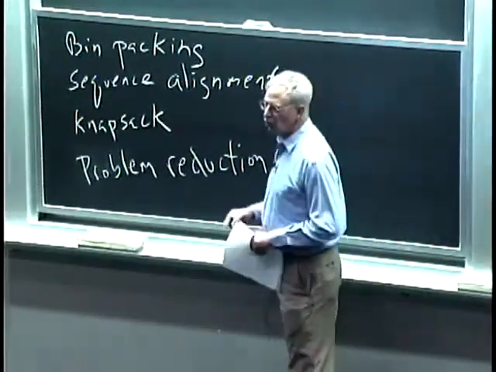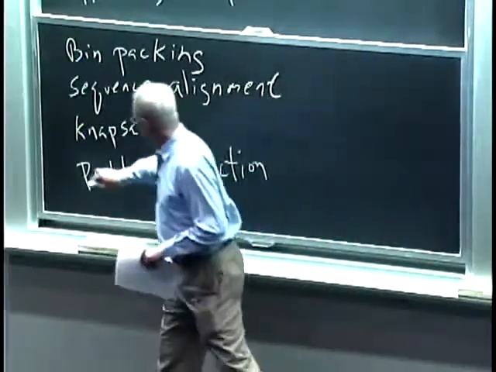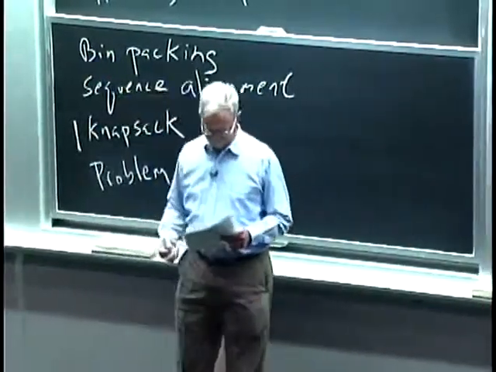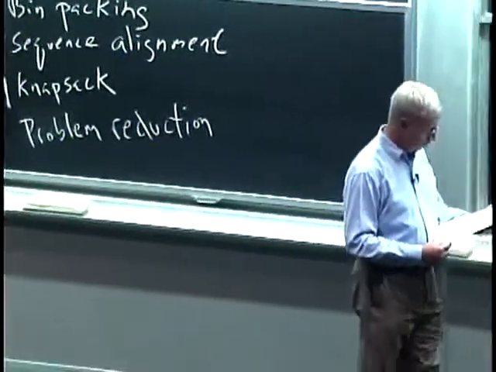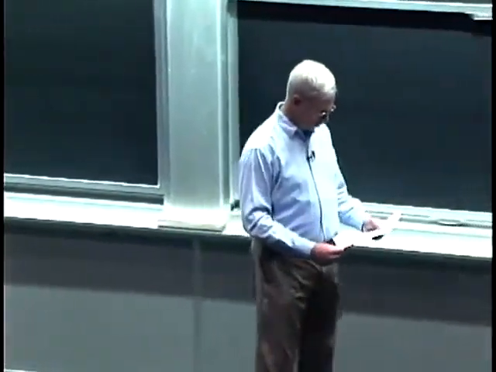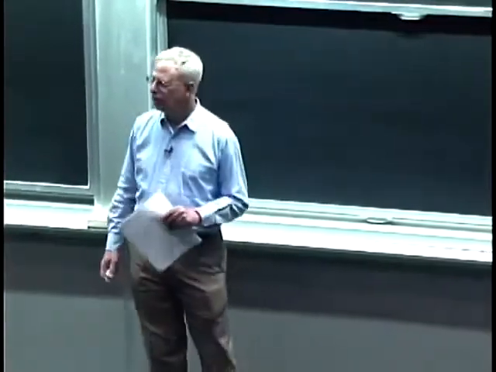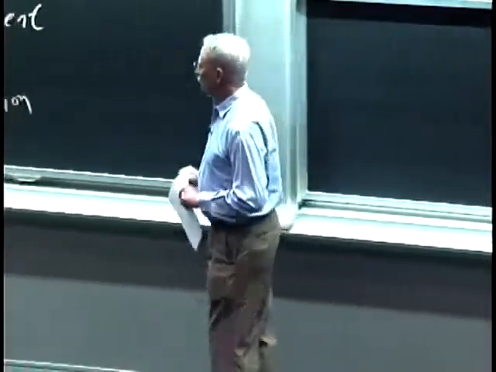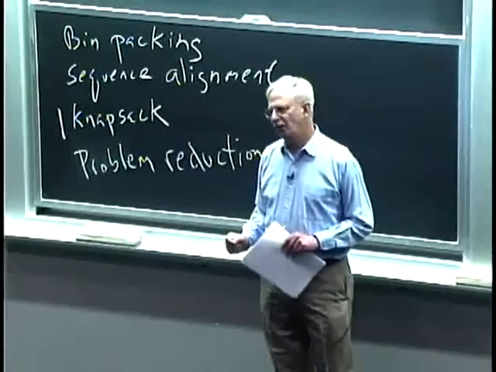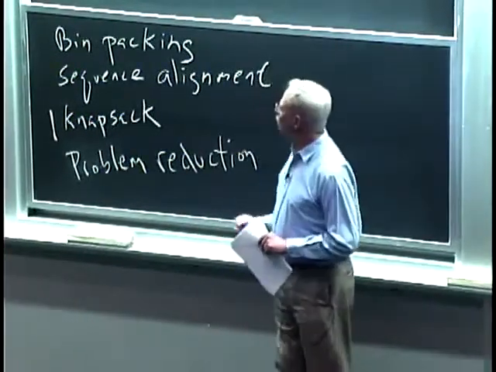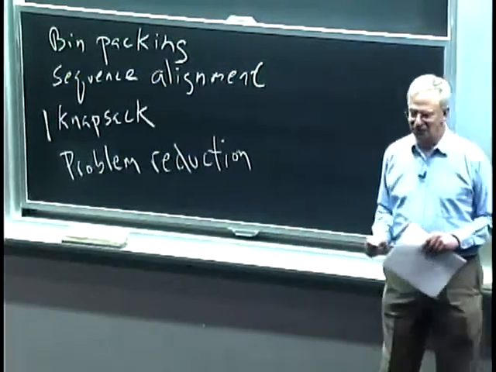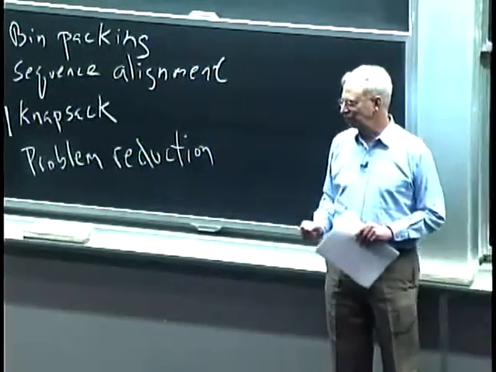So we'll start looking in detail at one problem, and that's the knapsack problem. Let's see, where do I want to start? Oh, yes, okay. So far, we've been looking at problems that have pretty fast solutions. Most optimization problems do not have fast solutions.